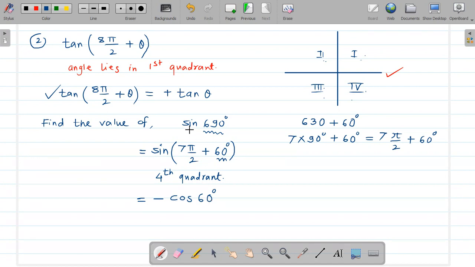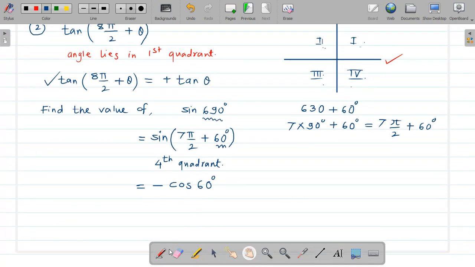So to get the value of sine 690 degree, we have expressed 690 degree as 7 times pi by 2 plus 60 degree. Find the nearest multiple of 90 degree which is very near to 690 degree, write the remaining angle, that is 60 degree, and then we have converted it into minus cos 60 degree by the allied angle formula. Now you know the value of cos 60 degree is equal to 1 by 2.